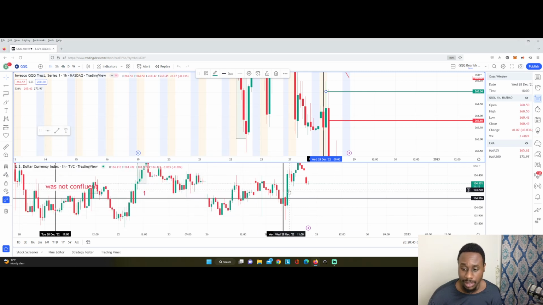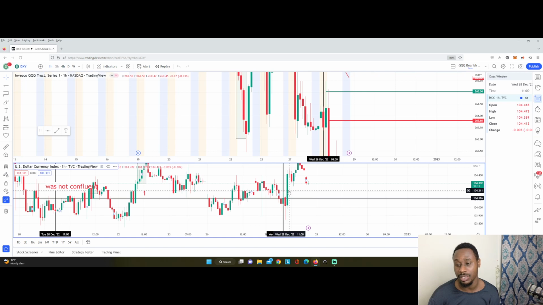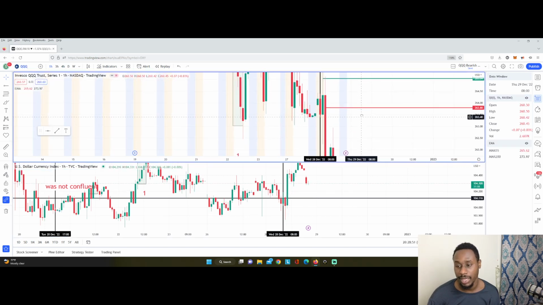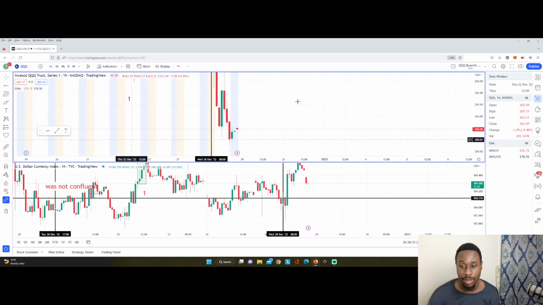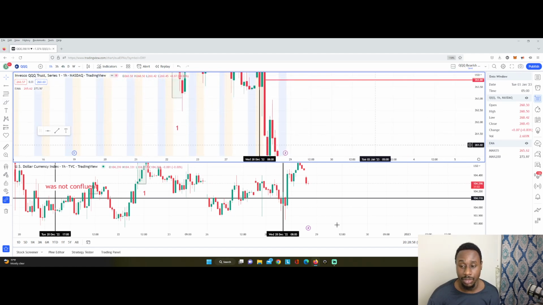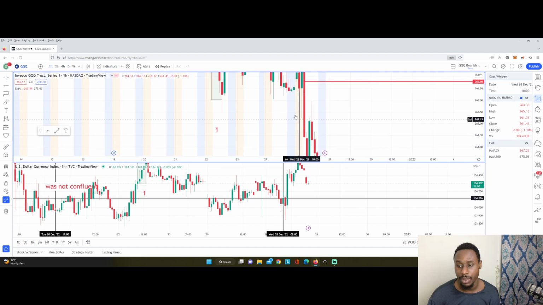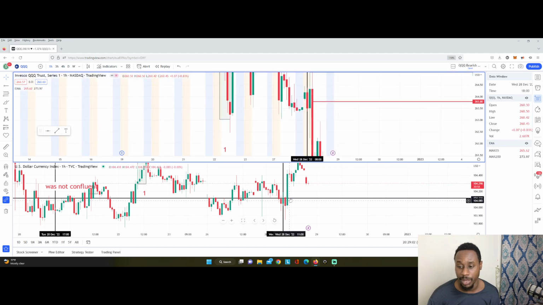But as you can see, it is reflecting, because you can see the 10 o'clock candle here on the dollar, and it's the same time frame. So an hour time frame on the QQQ, an hour time frame here, and you have that big green move on the dollar, you have a big red move on the QQQ.